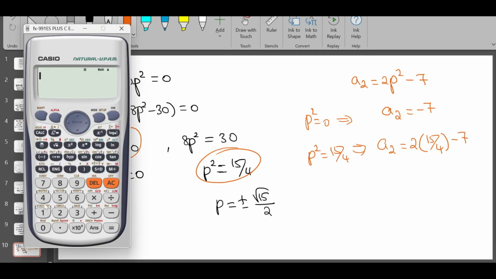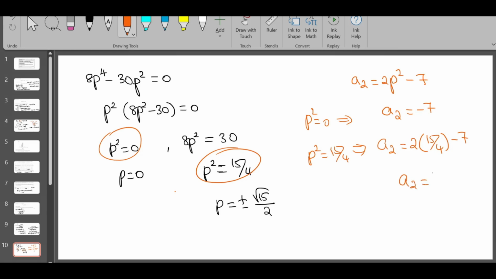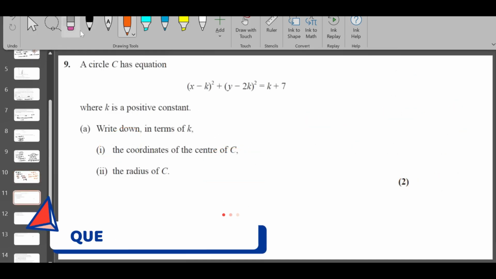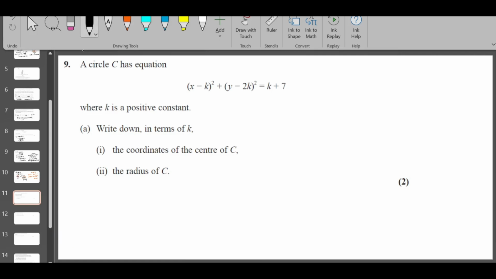That's basically 15 over 2 minus 7, which is 1 over 2. So we got two values of A2. That's all. Question number 9 now. We have an equation of a circle. Write down in terms of k the center of the circle. Center is k comma 2k.